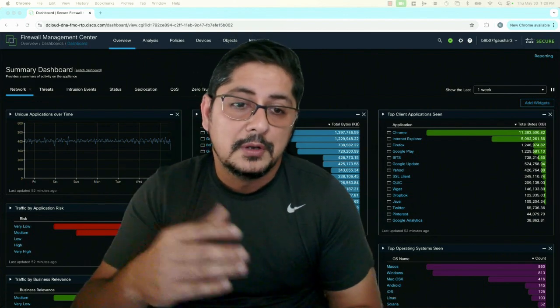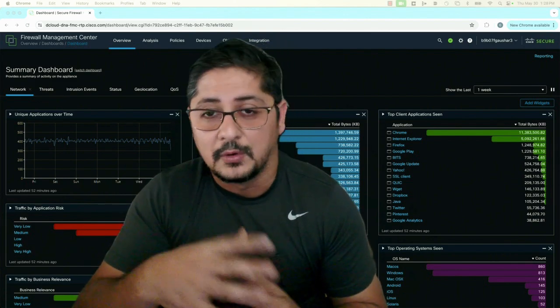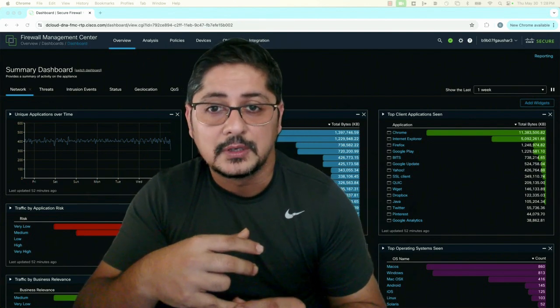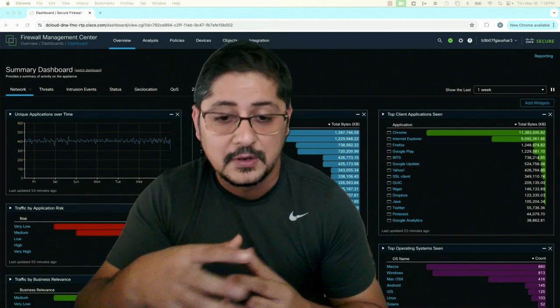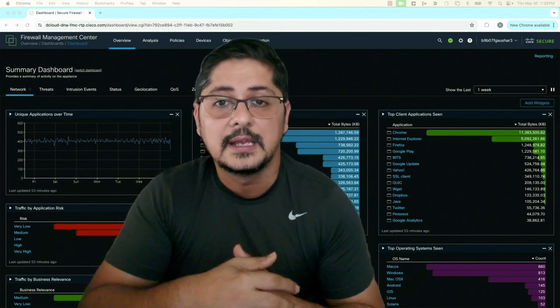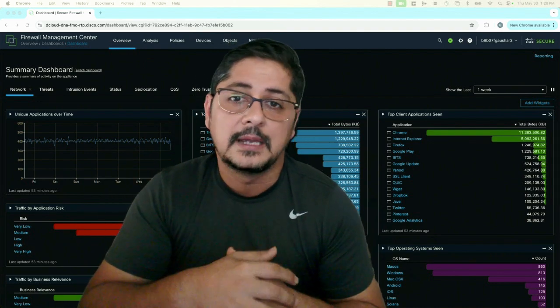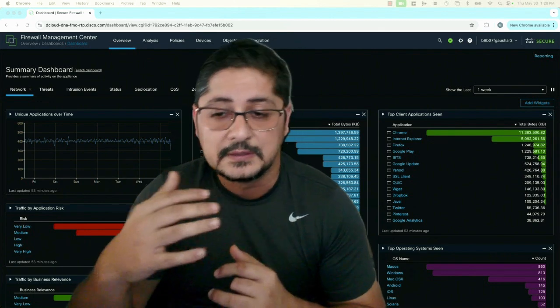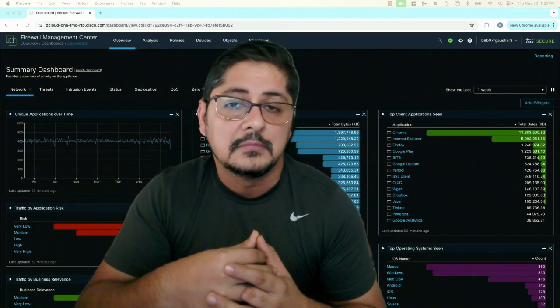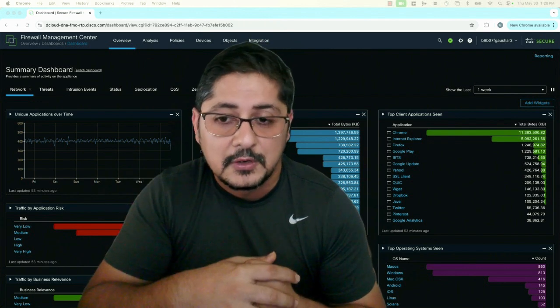So now when something comes to your network or gets out of your network, not only are you able to tell what IP address and ports are coming and take a decision on that, but you're also able to go all the way up to layer 7 and say, hey, this is the specific application that I'm talking about. This is the application that I want to allow or block, and put controls around that, right?